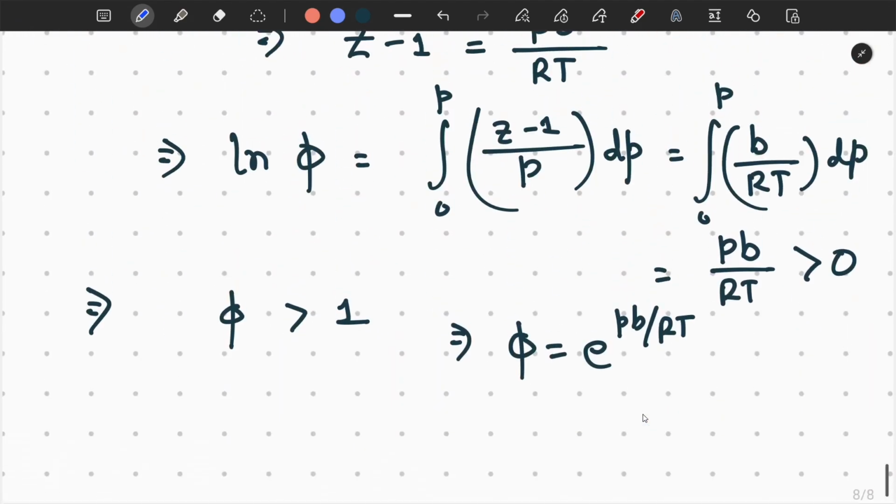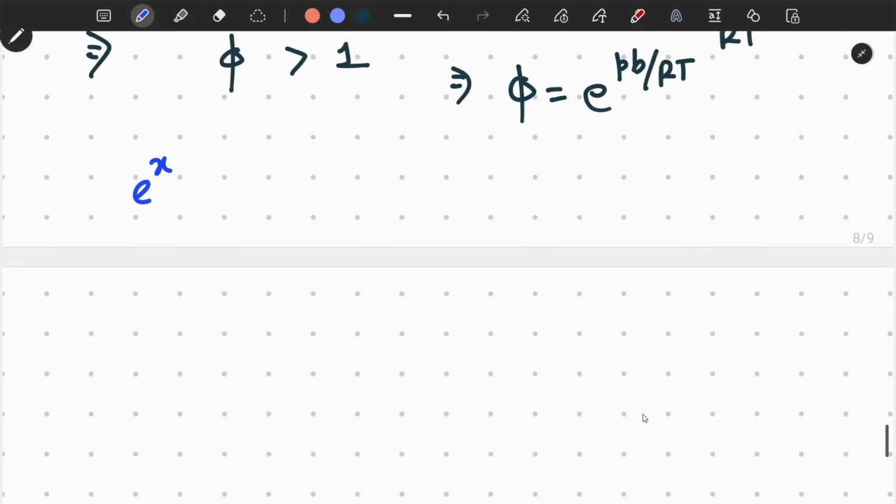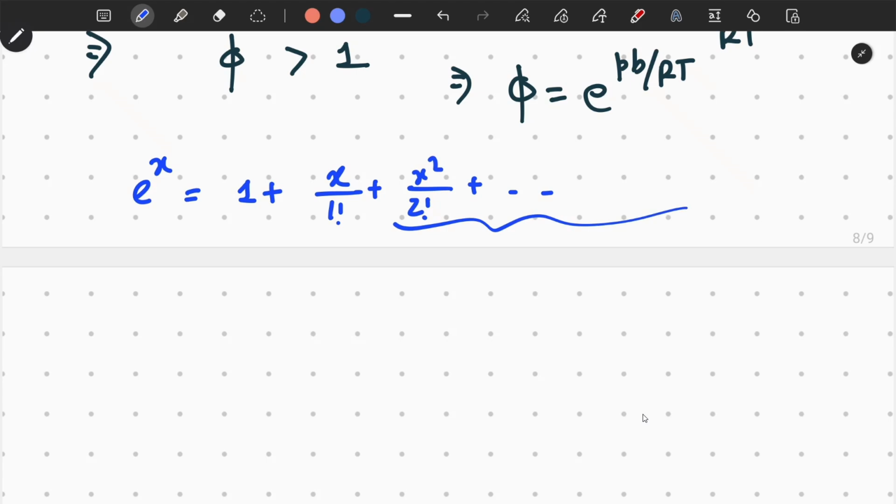Complete linear, no. What is the form of e to the power x? 1 plus x by 1 factorial plus x square by 2 factorial, and so on. So if for any value this part is ignorable, let's say, then it will be completely linear, 1 plus x.